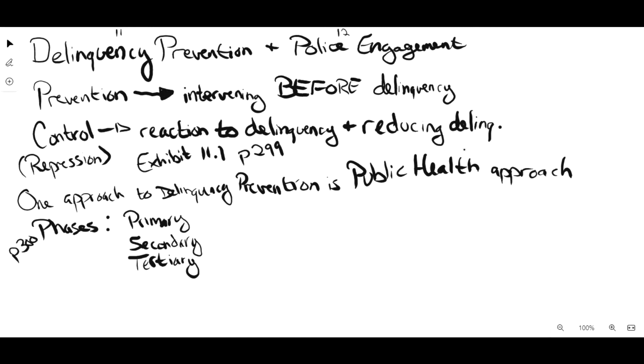Obviously, it should be pretty straightforward, but primary is the first step, the most important thing. In juvenile delinquency, we're looking at well-being. We're looking at what is available to potential juvenile delinquents.